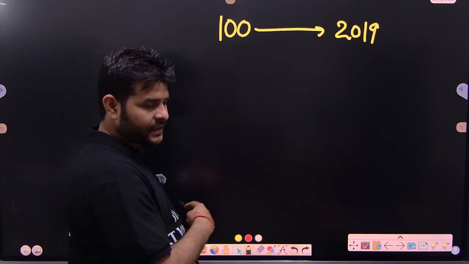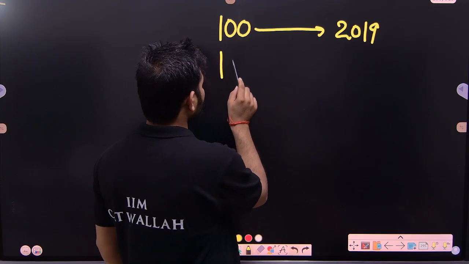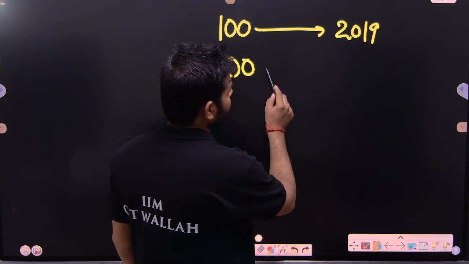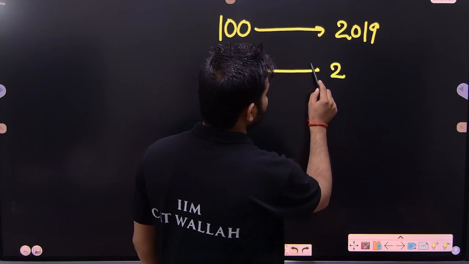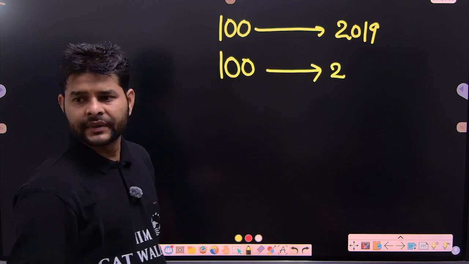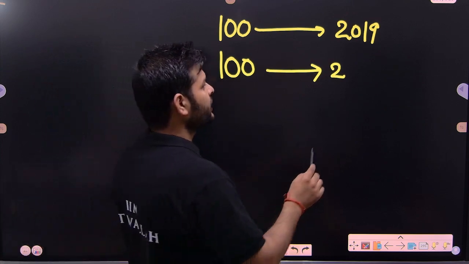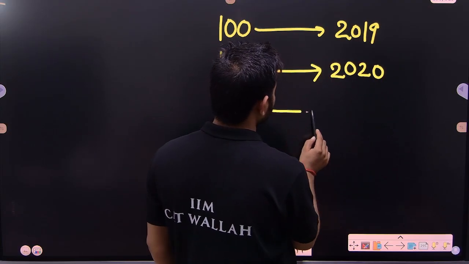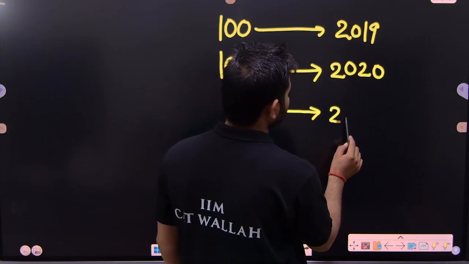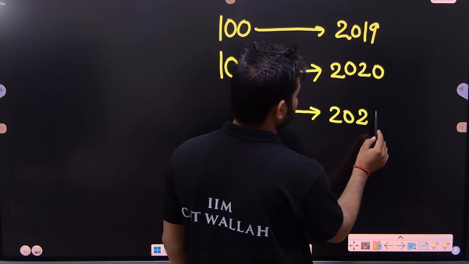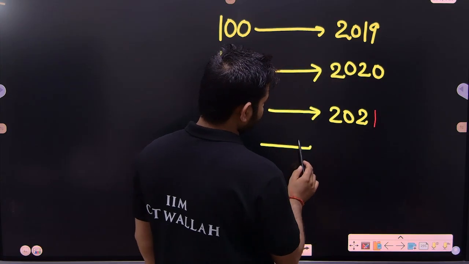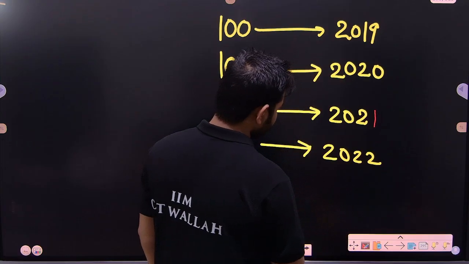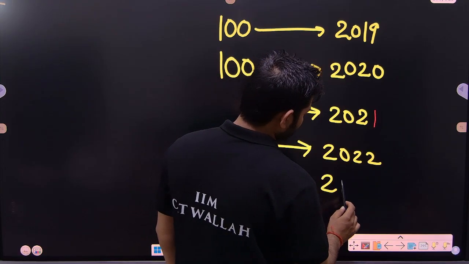In the same manner, he deposits 100 units more on 31st of December of 2020. Same way, 2021, 2022, 2023.